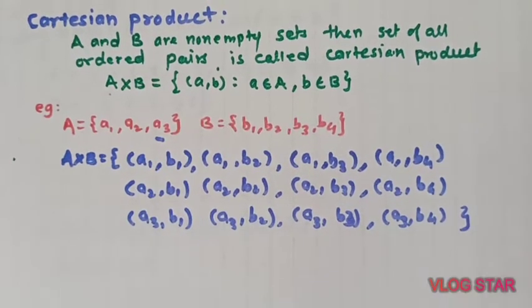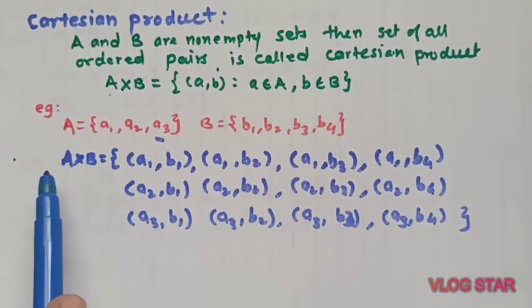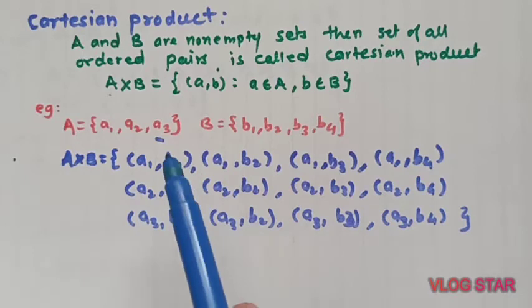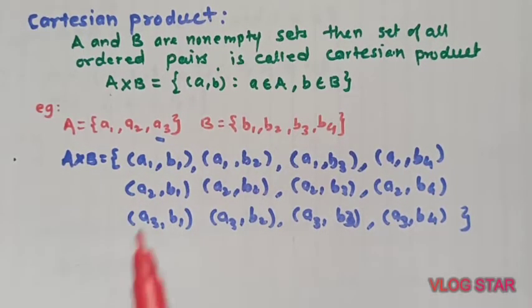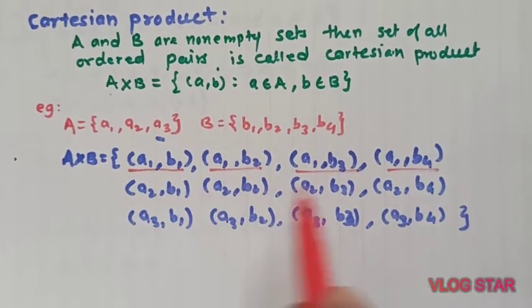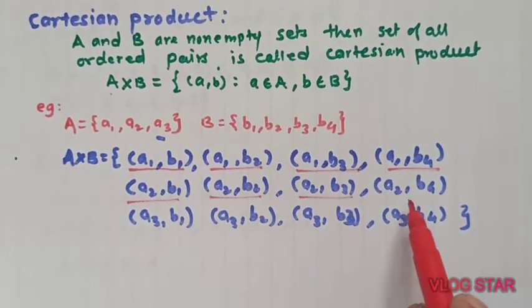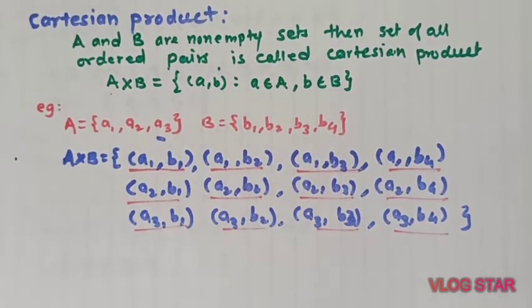Close the curly bracket. Means your A cross B or the Cartesian product of A and B contains how many elements? Now ordered pair is a single member, isn't it? So this is 1, 2, 3, 4, 5, 6, 7, 8, 9, 10, 11 and 12. So how do you know how many members are there in A cross B?